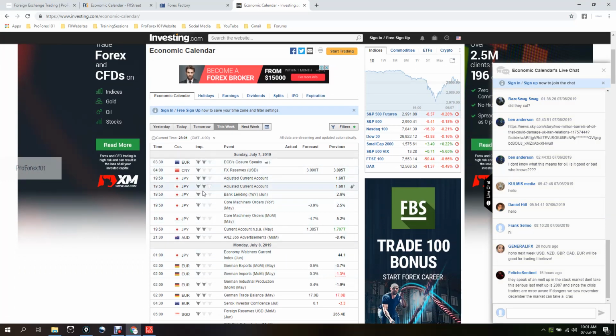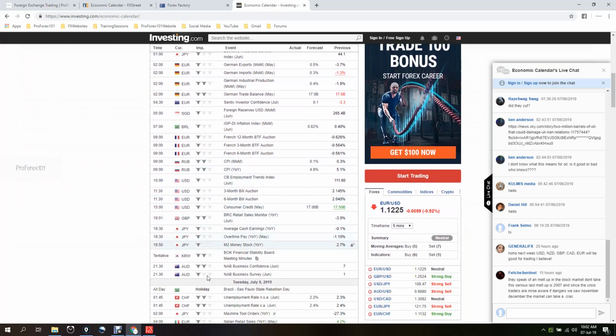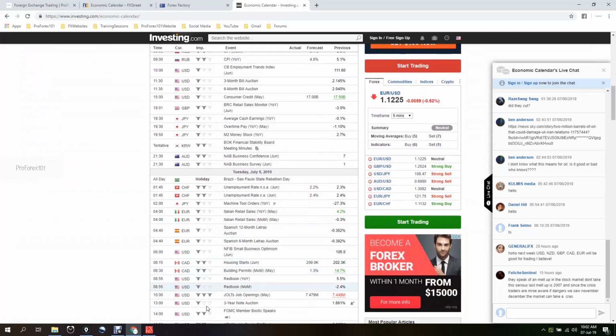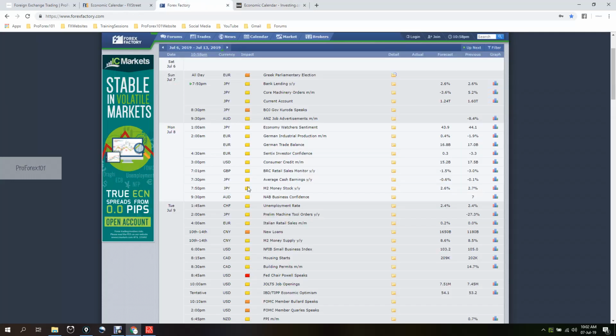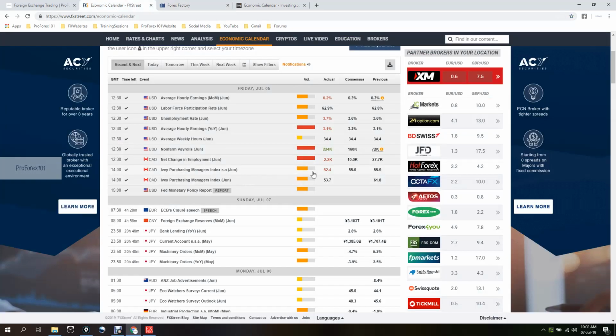So they've shown the impact in these bulls: if it's one bull, it's minimal impact, two bulls, it's medium impact, and then high impact will be three bulls, okay. So depending on what site you're on. So on Forex Factory, high impact is the red bar, medium impact is this, and minimal impact is this here, okay.